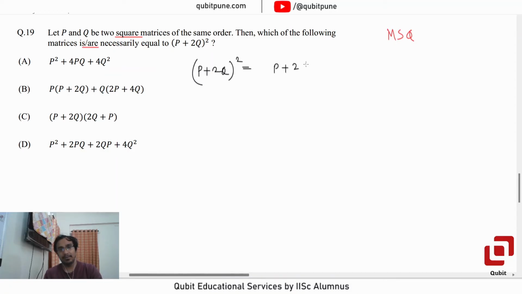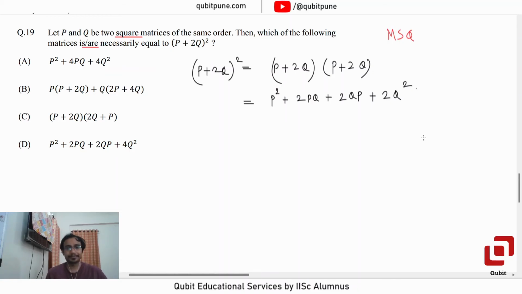That is P plus 2Q into P plus 2Q. Apply the distributive and associative properties. P into P is P squared. P into 2Q is 2PQ. 2Q into P is 2QP, not necessarily equal to PQ, plus 2Q squared. So clearly D is right, because D itself is this.